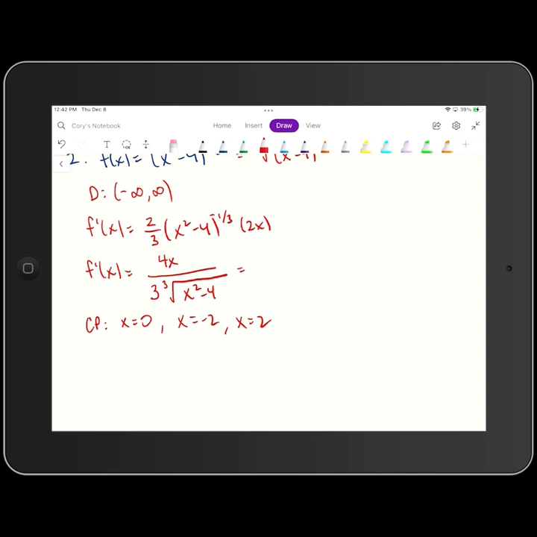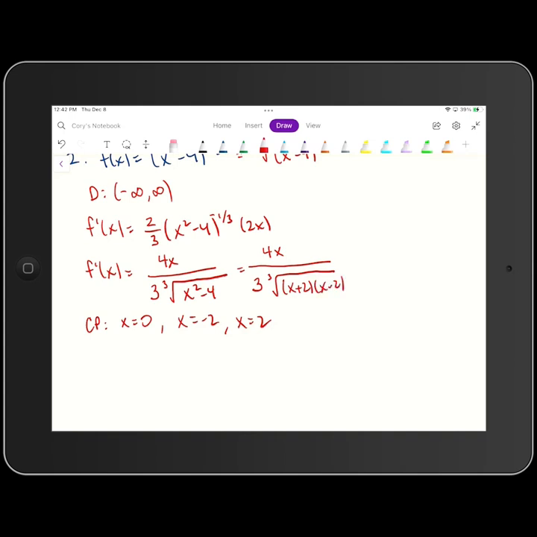And I want to change just one more thing with the derivative here, because I think it's going to make it easier to figure out what the signs are when we do our sign chart. So the denominator is 3 times the cube root of the argument, x squared minus 4, which factors to x plus 2 times x minus 2.